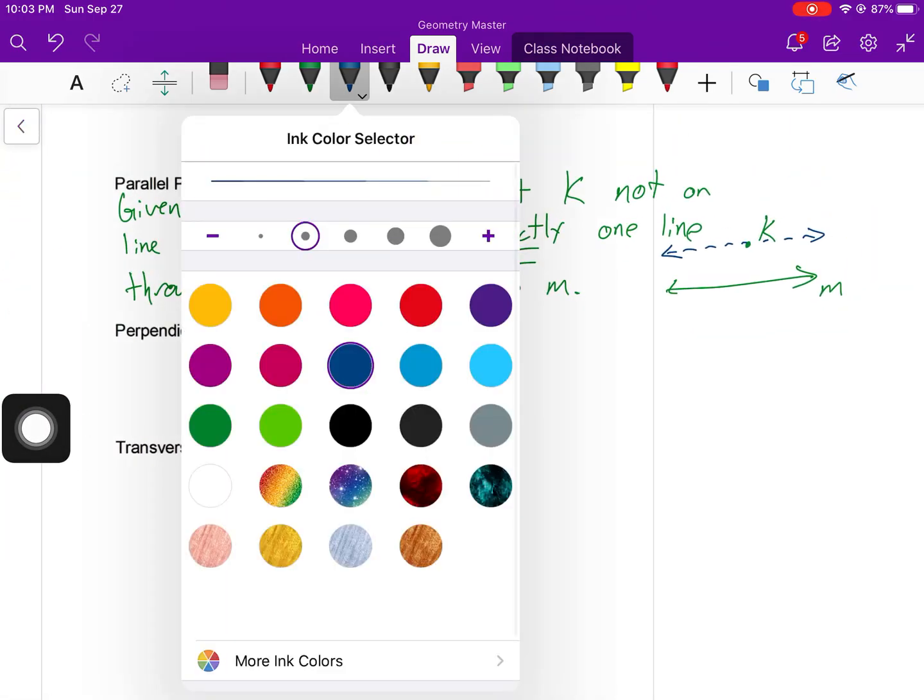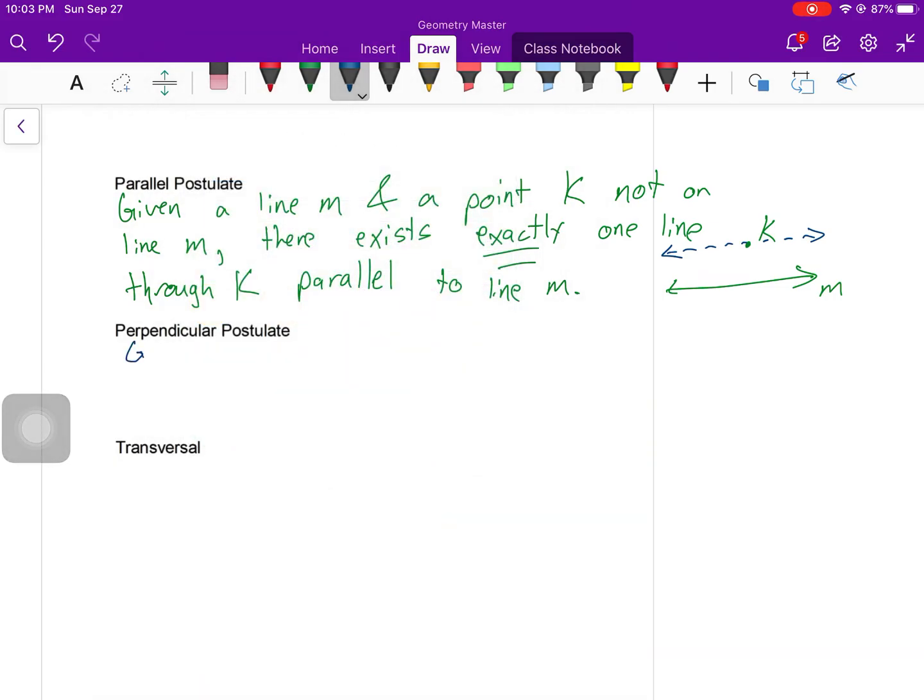Okay, and I said they're almost identical for the perpendicular postulate. I'm going to use different variable letters here.